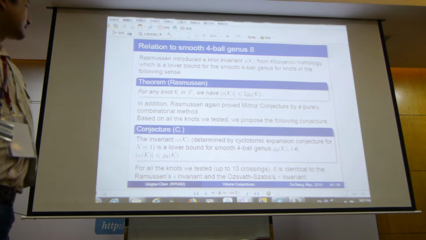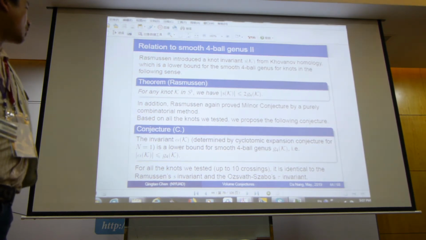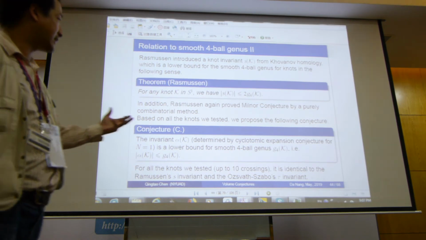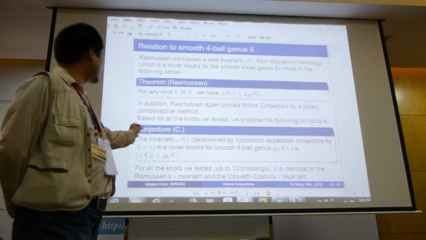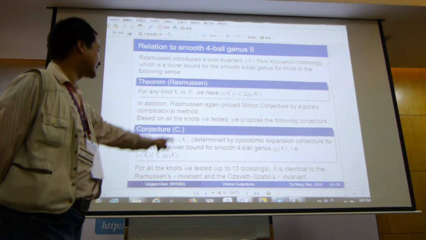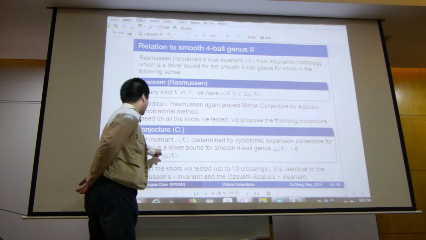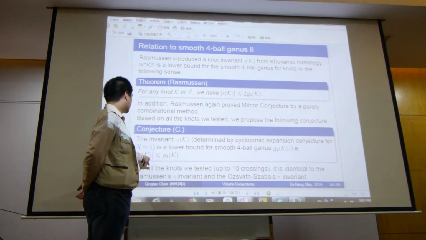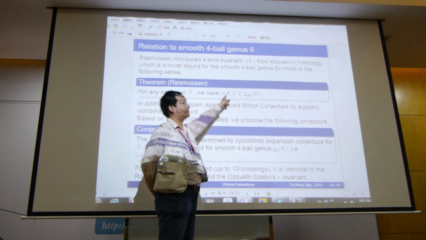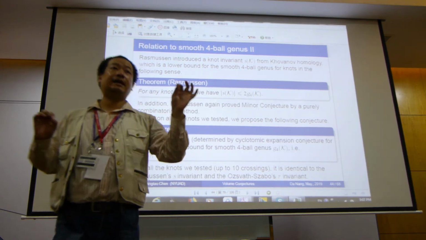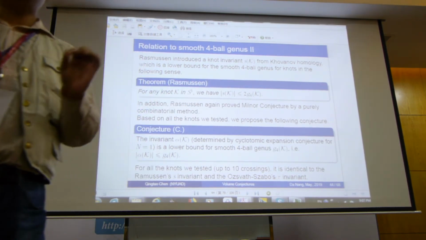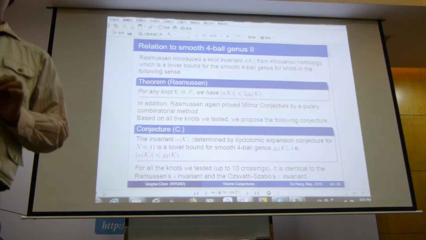For all the knots we tested up to 10 crossings, it is identical to Rasmussen's s invariant and also the Ozsváth-Szabó tau invariant. I mean alpha k over 2 is s(K), so identical means up to a factor of 2, and exactly equal to the tau invariant.